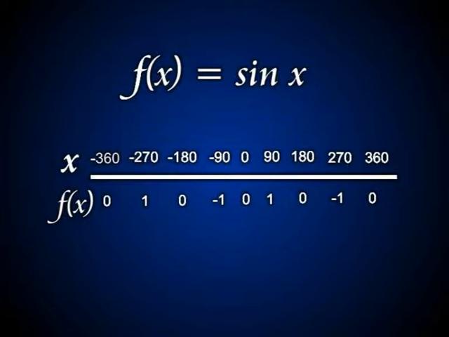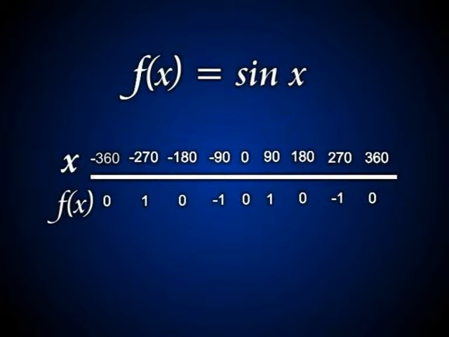My corresponding f of x values will be: sine of negative 360 is equal to 0, of negative 270 is equal to 1, of negative 180 is equal to 0, of negative 90 is negative 1, of 0 is 0, of 90 is 1, of 180 is 0, of 270 is negative 1, and sine of 360 degrees is equal to 0.